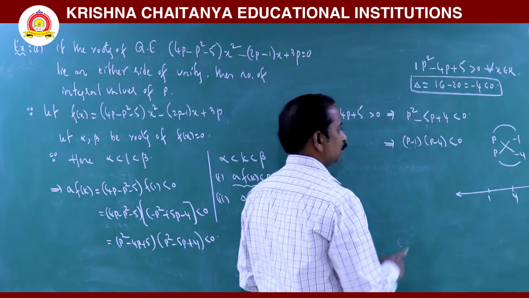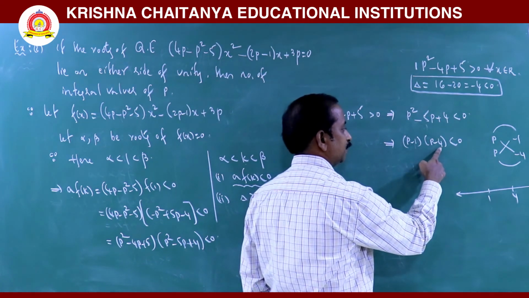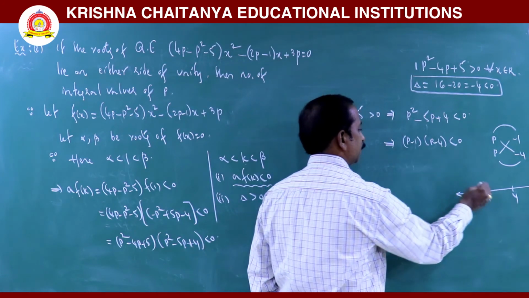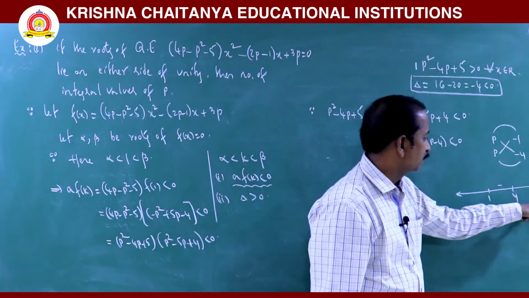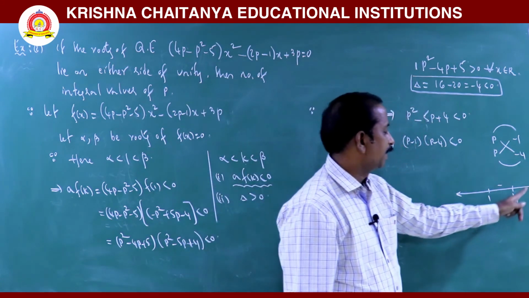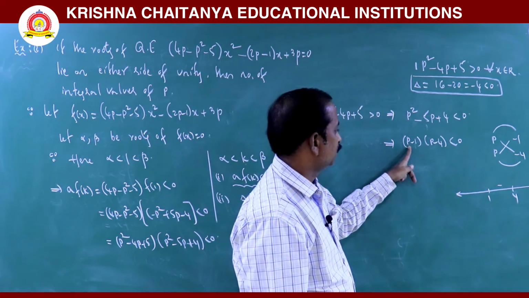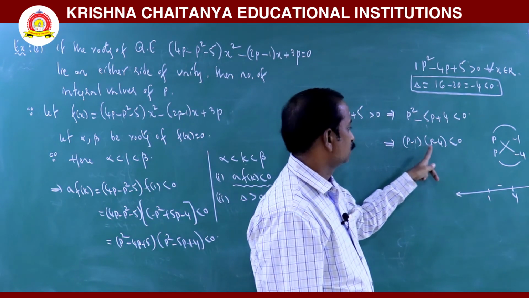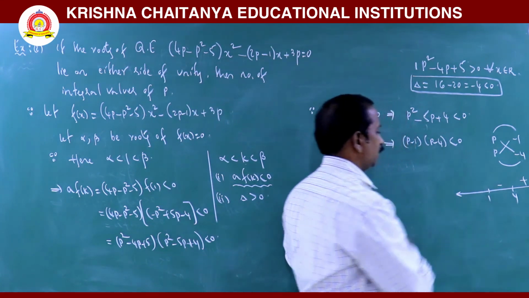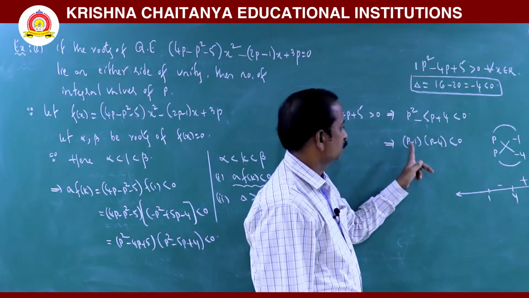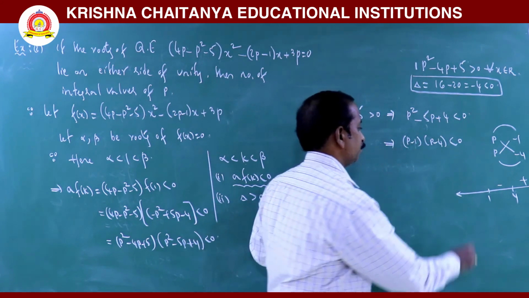Let us take 2: 2 minus 1 is 1, 2 minus 4 is minus 2, so positive into negative is negative. Greater than 4, take 5: it is positive. Less than 1, consider 0: minus 1 and minus 4, the product is positive.